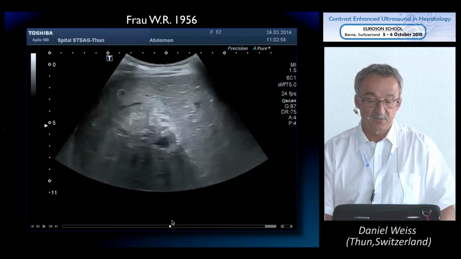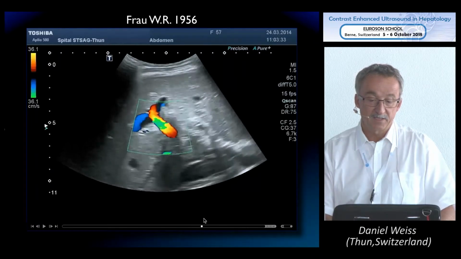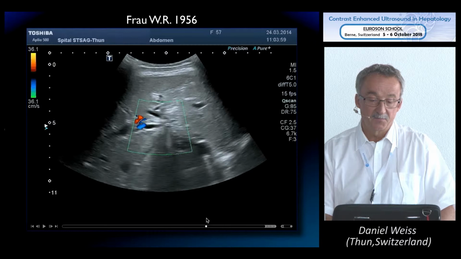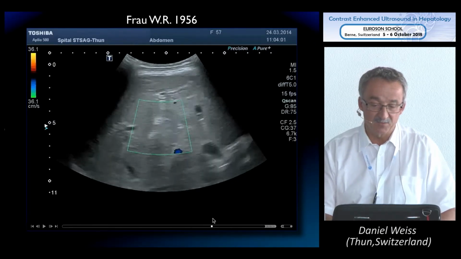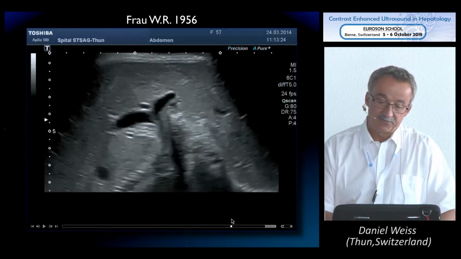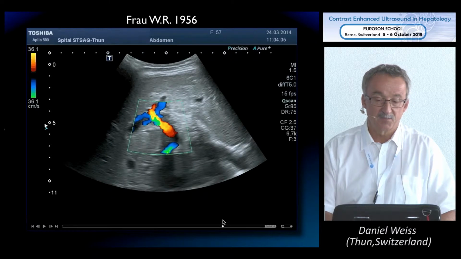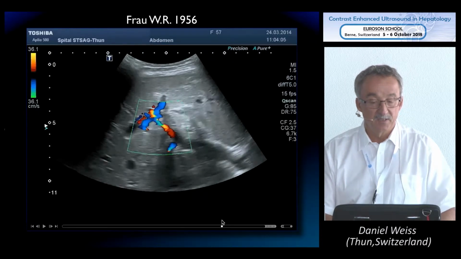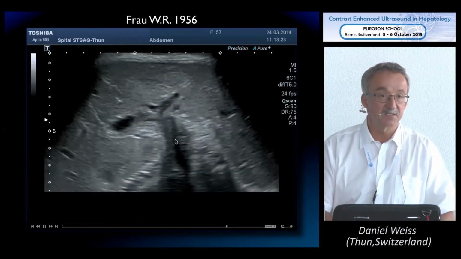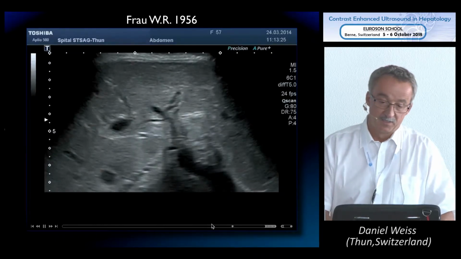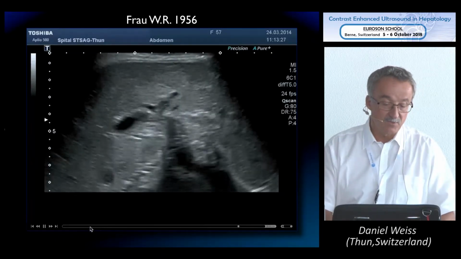And you have also some dilation of the bile ducts, so something like a Klatskin-like tumor. And you see here, this is the portal venous system, and you have a high blood flow, so something like a stenosis in this area. So we really don't know what it is.